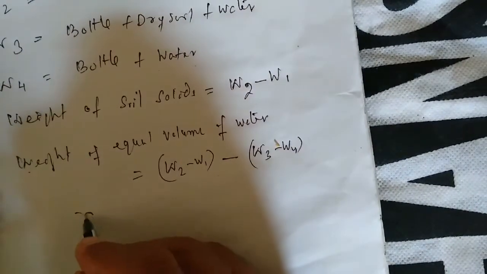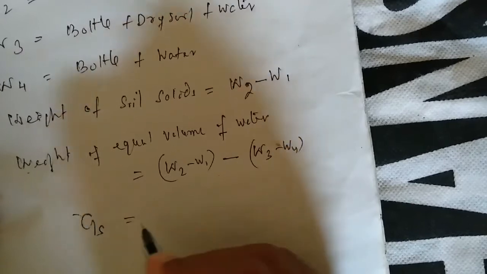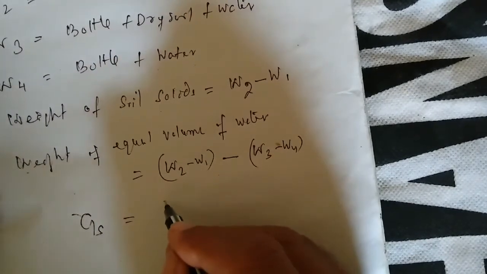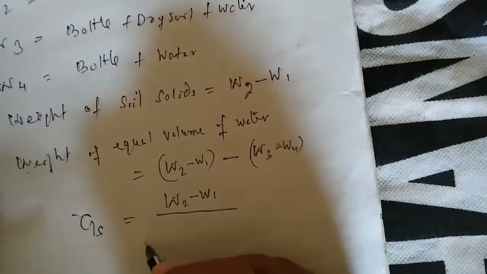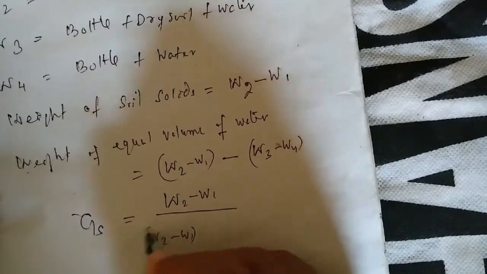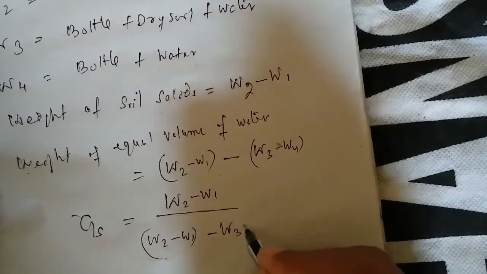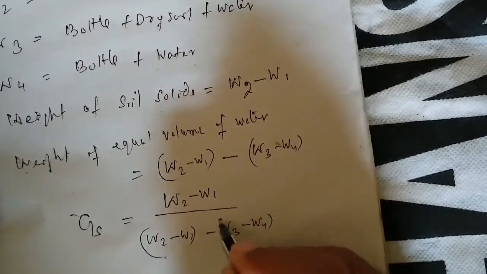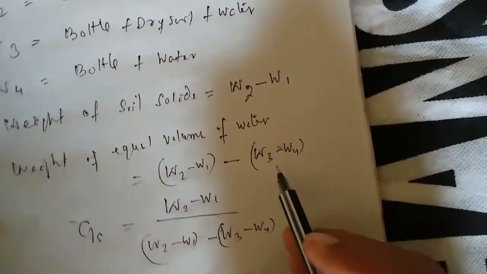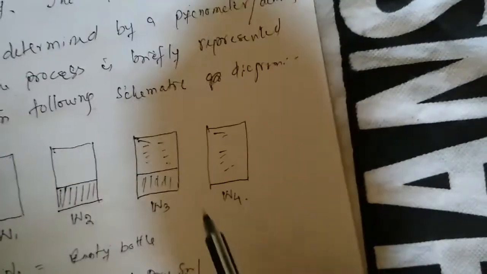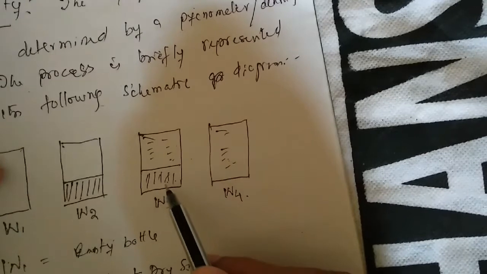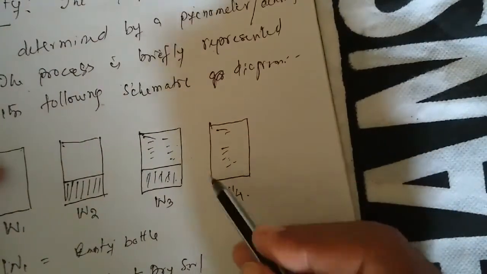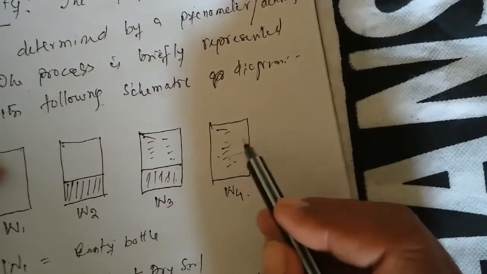Hence, specific gravity becomes Gs is equal to weight of solids by weight of equal volume of water. This W3 minus W4, this is deducted from the W2 minus W1, then water will cancel, this much water will cancel.